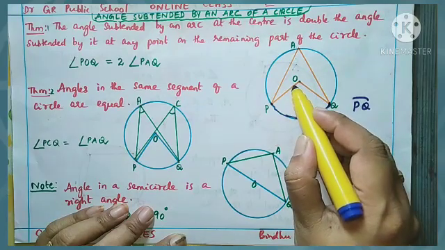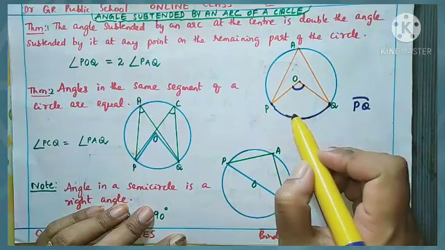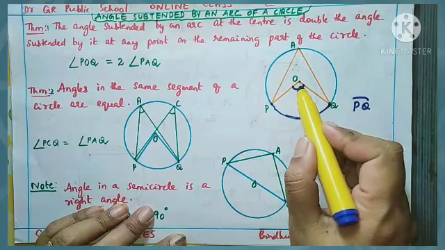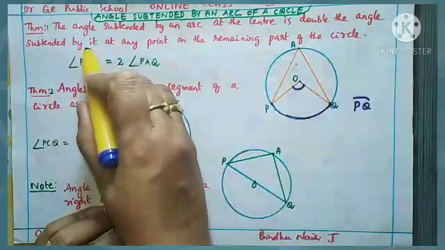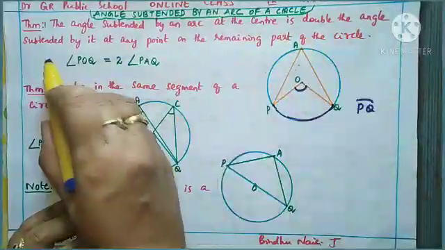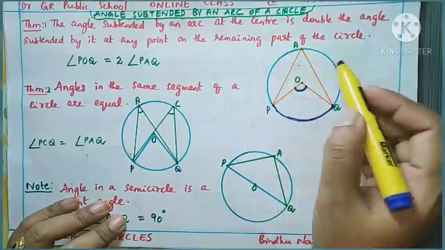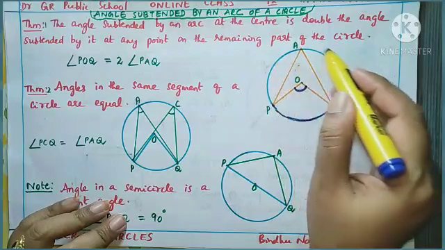So POQ, right? The angle subtended by an arc at the center is double the angle subtended by it at any point on the remaining part. Here there is a point A on the remaining part of the circle.